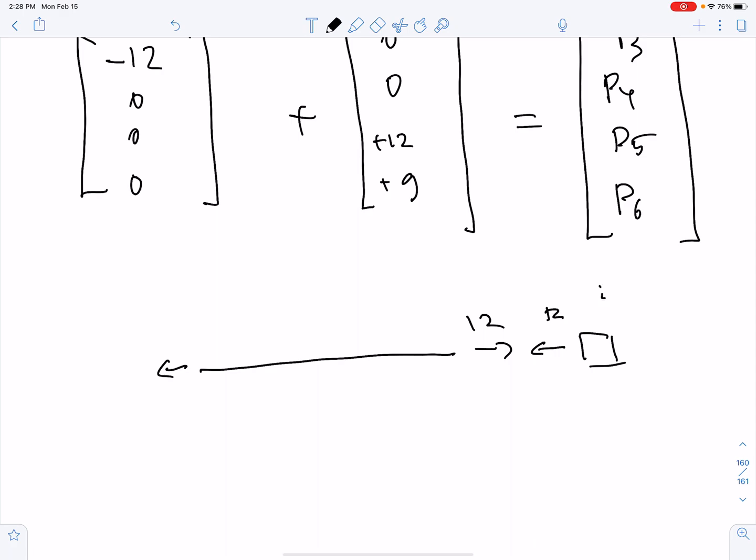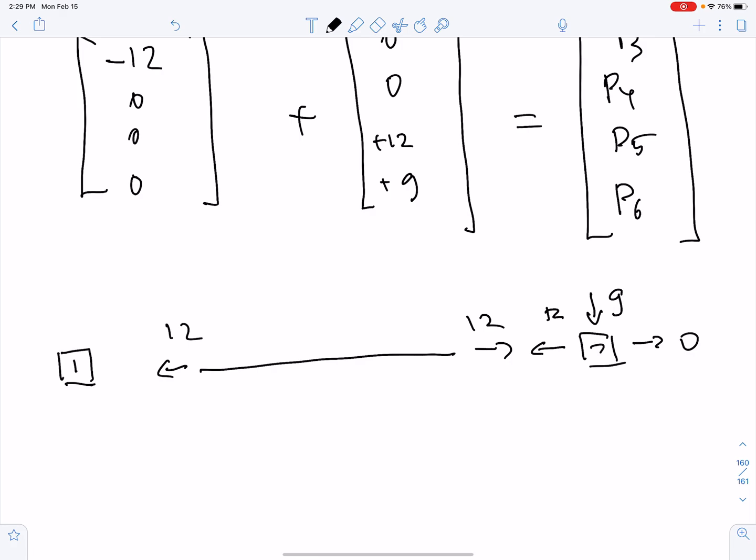You see the applied force of 9 in the negative direction, right? Call it minus 9. The applied force of 9, okay? Applied force of 0. Okay, this is 12. This is our support.